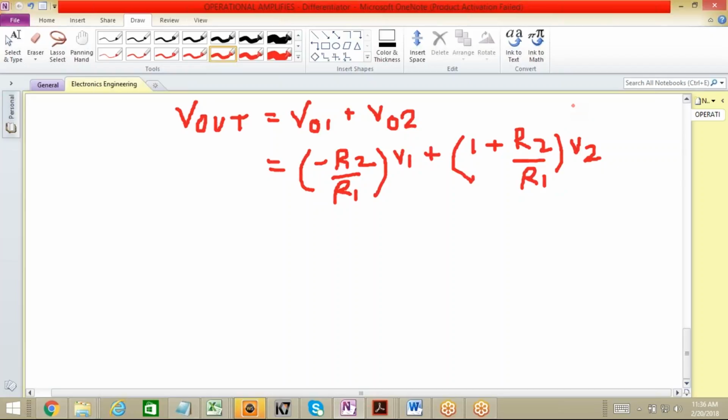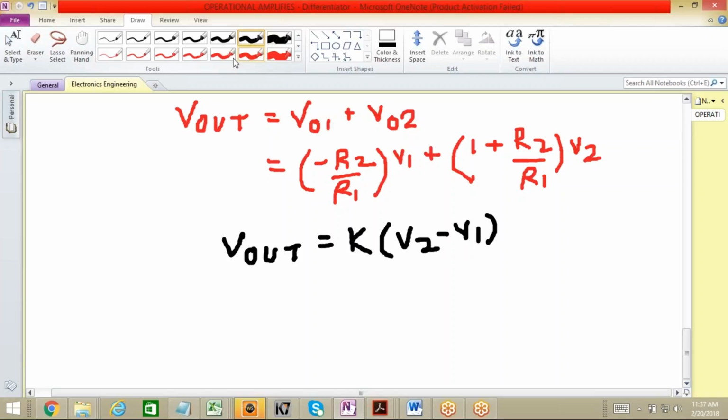Now, since we need a uniform equation, let's suppose we need the output equal to some constant multiplied by the difference of voltages V2 minus V1.